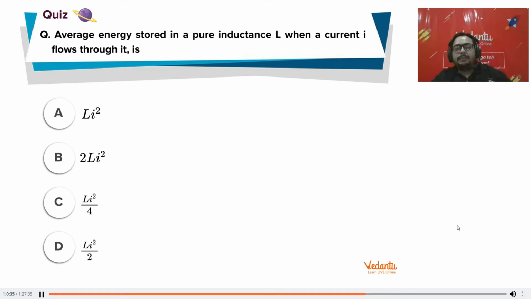Okay, so average energy in a pure inductor, inductance is L, current is I, what is the energy stored?